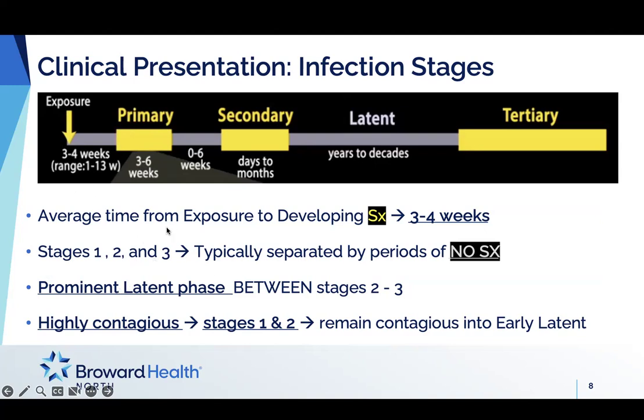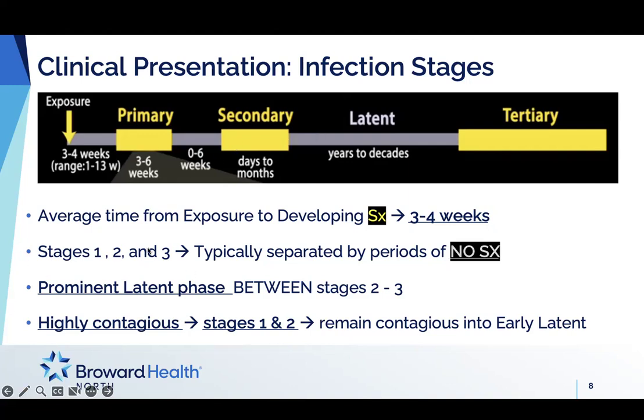The average time from exposure to developing symptoms can be about a month, let's just say. Then stages 1, 2, 3 are typically separated by periods of no symptoms. That's the grayish area here, okay? So the symptoms disappear, so to speak. The person gets the chancre, it disappears, and then they think they don't have anything, right?